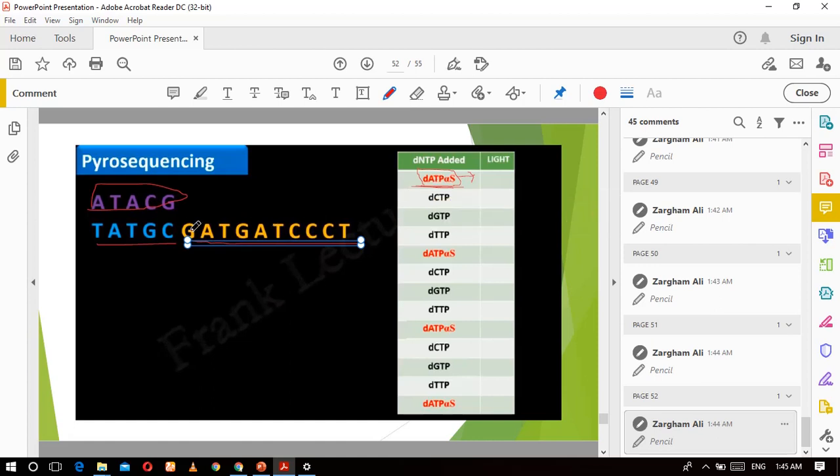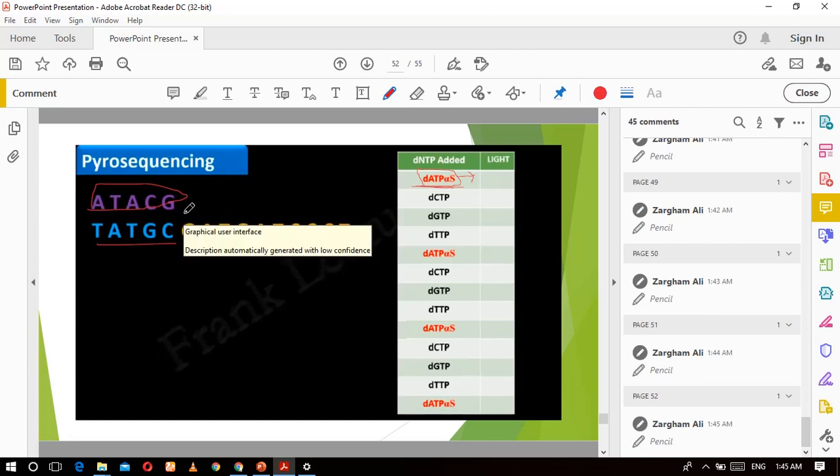As we know, G always pairs with C, but here we added dATP, and as you know, G can't pair with A, so there is no emission, no light is produced.